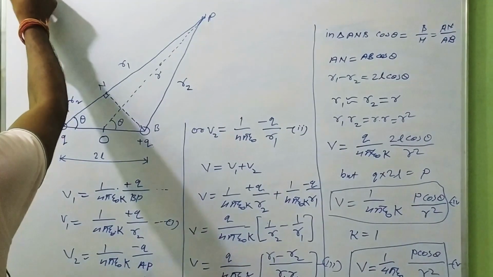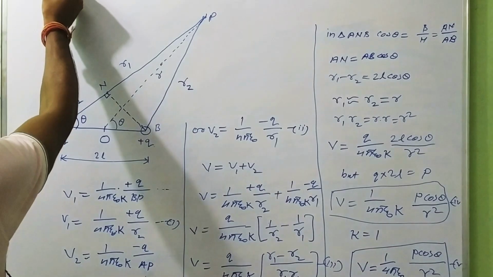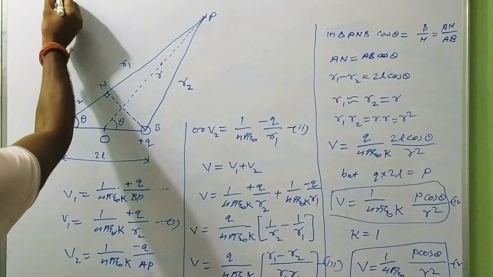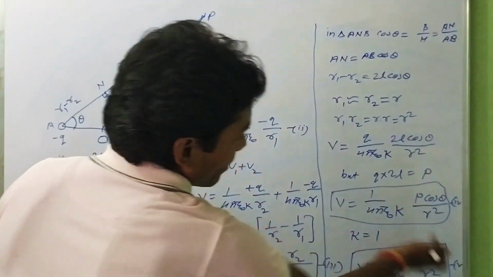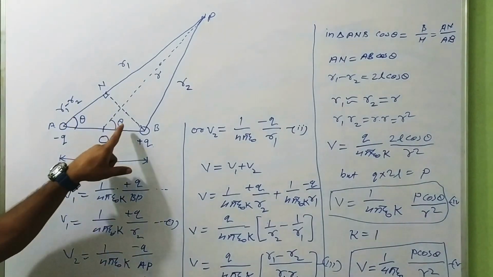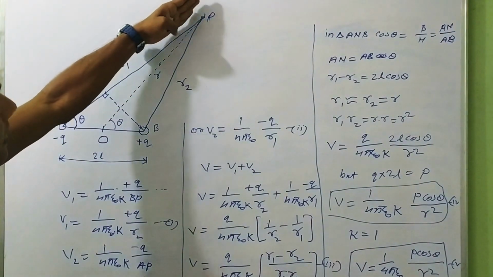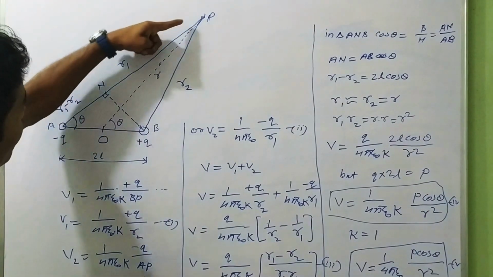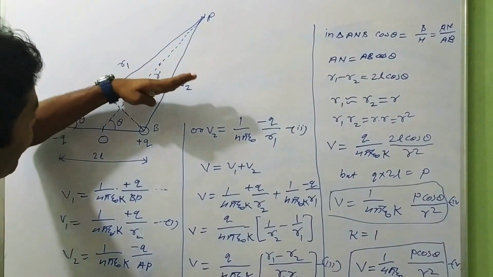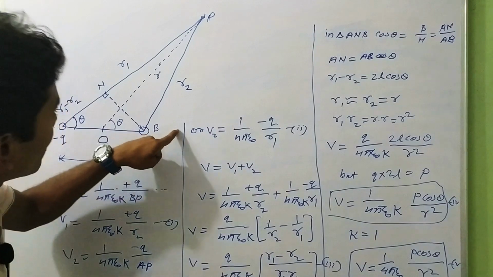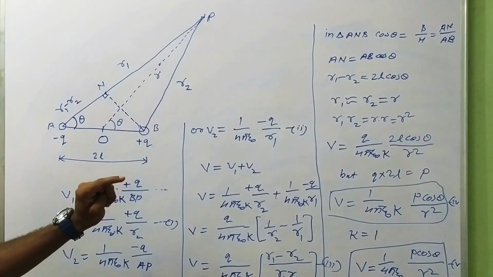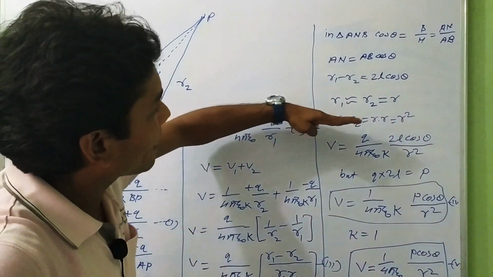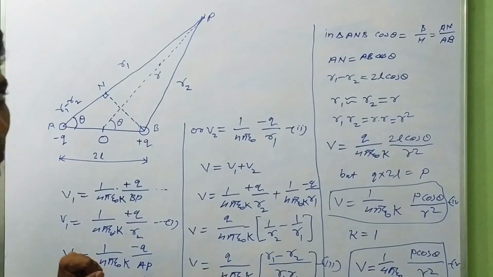So the special cases. First, if theta equals 0 degree, that means this point will shift like that, and this OP will be parallel to the axis of this electric dipole. This will shift along this direction, which means this is along the axial position of the electric dipole.